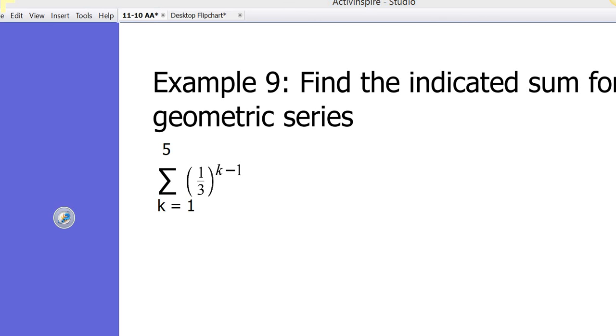Everybody should be at x cubed minus 2x. You're going to set this equal to the other function, negative x, and you need to be working from there.